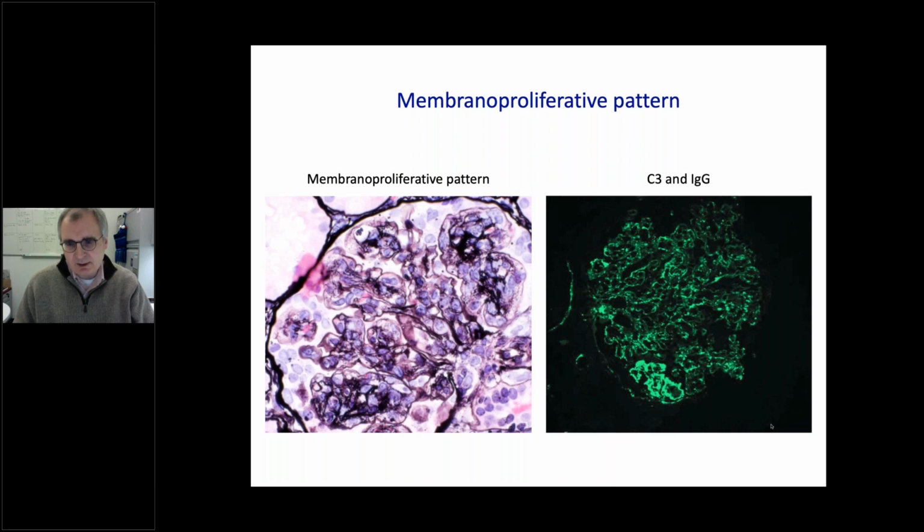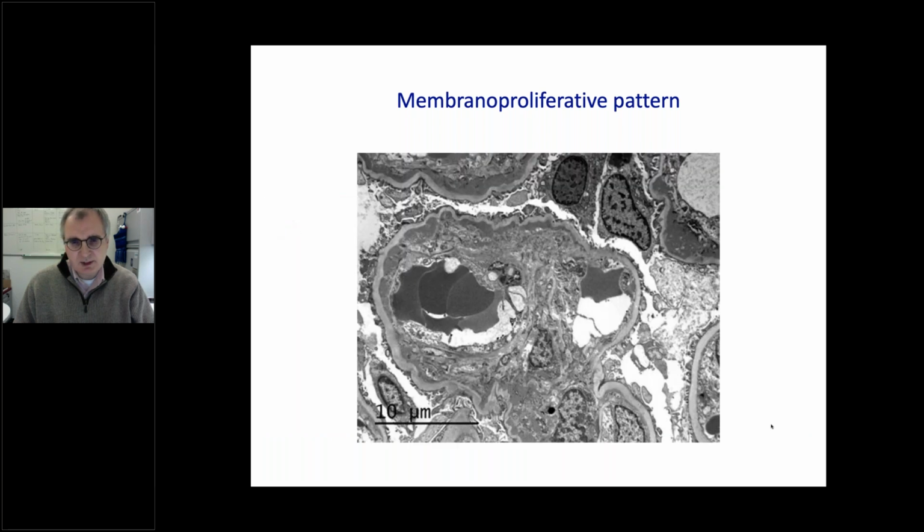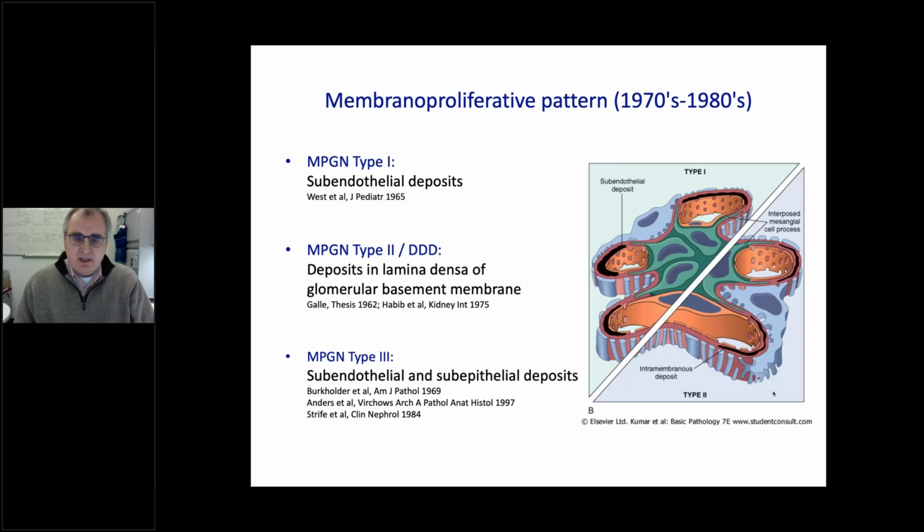On immunofluorescence, complement C3 and immunoglobulins, in particular IgG, can be found. And then on electron microscopy, dense deposits in various areas, both in the mesangial region and then in various spaces around the basement membrane, both subendothelially and subepithelially, were described to altogether define this membranoproliferative pattern.